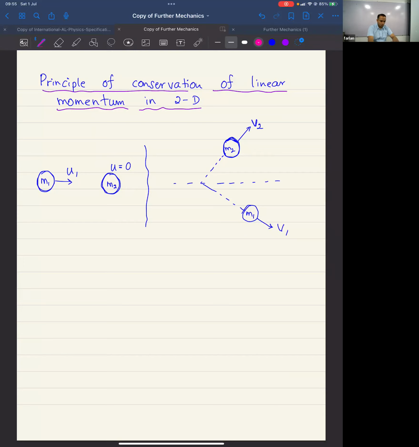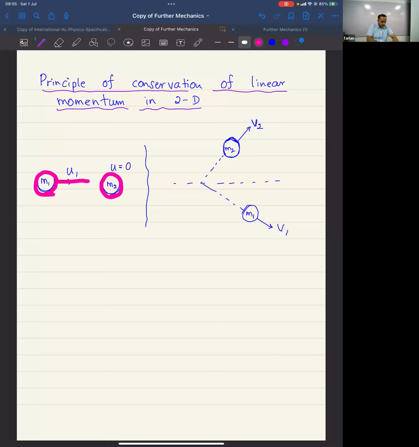Have you all played pool or snooker? Are there any good pool players here? Nice to know. So let's say there is a ball here, an object here, and there's another one here.